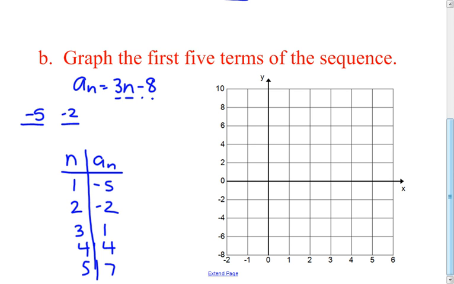And now I'm going to plot this. So I'm at negative 1, negative 5, 2 and negative 2, 3 and 1, 4 and 4, 5 and 7.